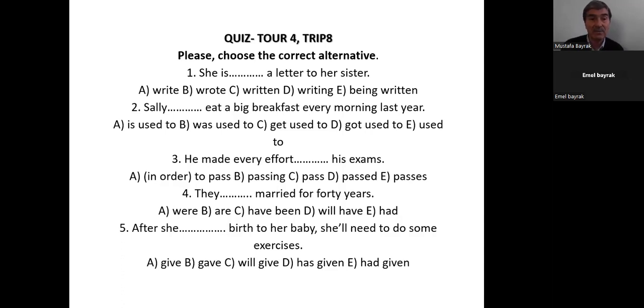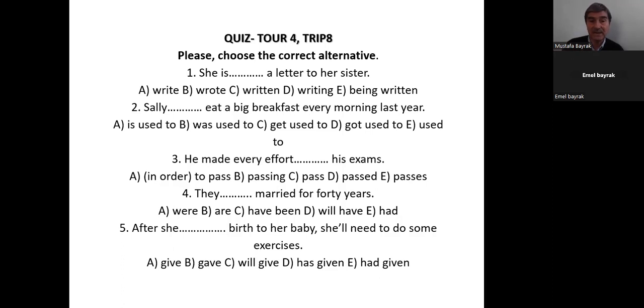Okay. 5. After she blank birth to her baby, she'll need to do some exercises. After she will need, the main clause needs future. The subordinate after clause does not need future, present tense is enough.